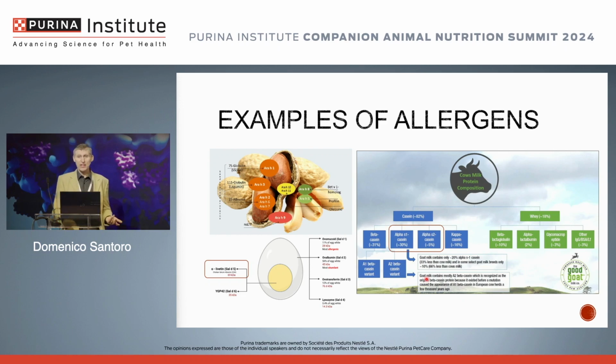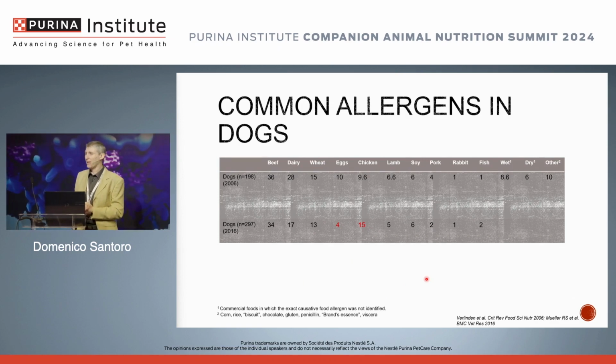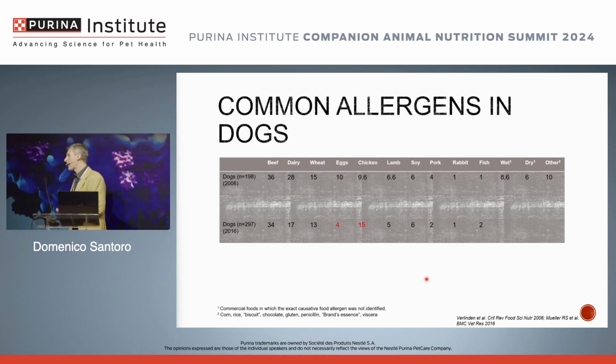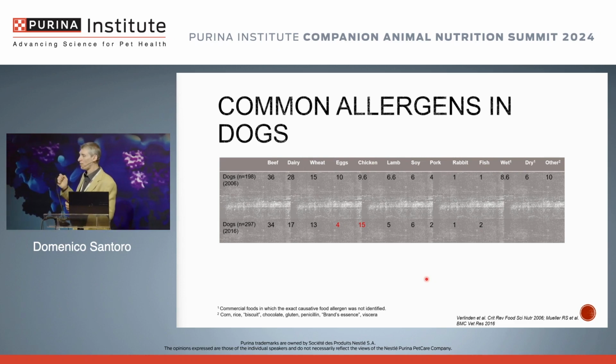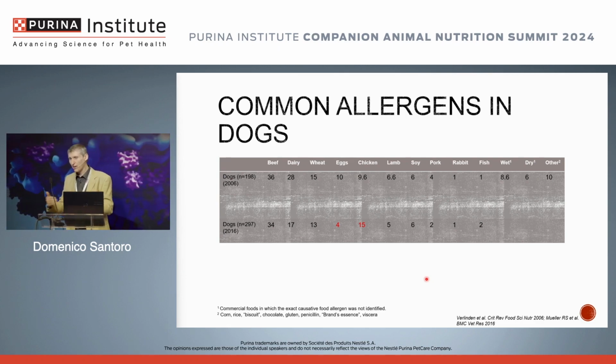So what are the allergens in our patients? Well, very biased studies were done over time. I say biased because it depends on what the people decide to challenge these dogs with. If I'm starting with beef, obviously beef comes out as the most common allergen. If I go with soy, it may be different later on, that's what I mean by biased.